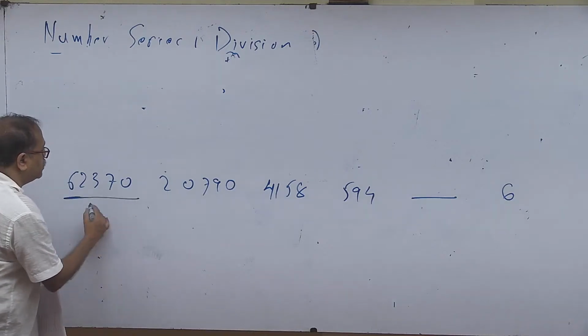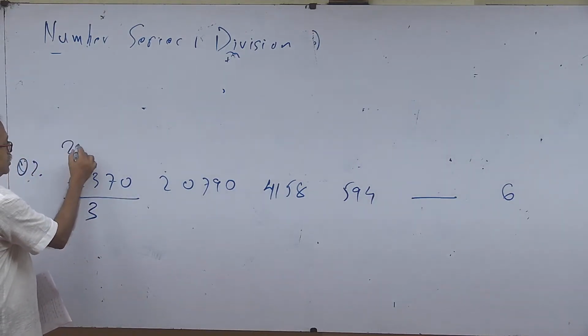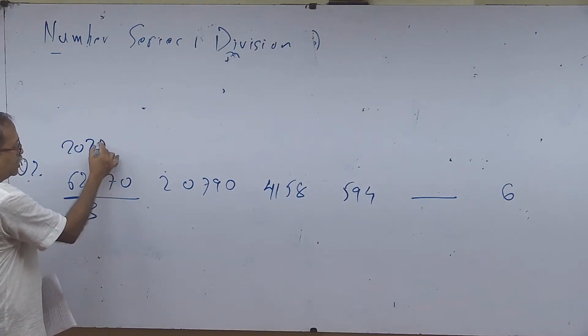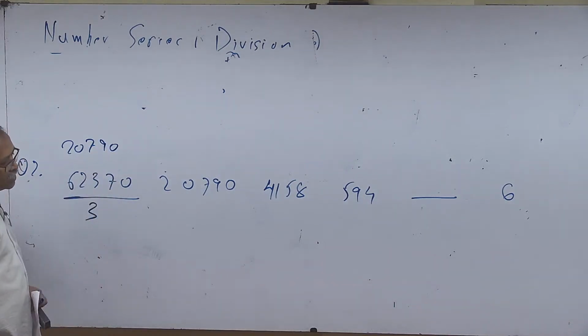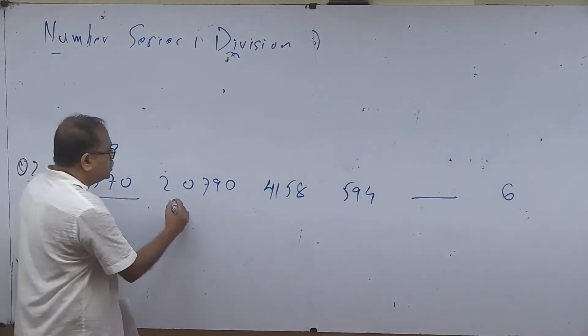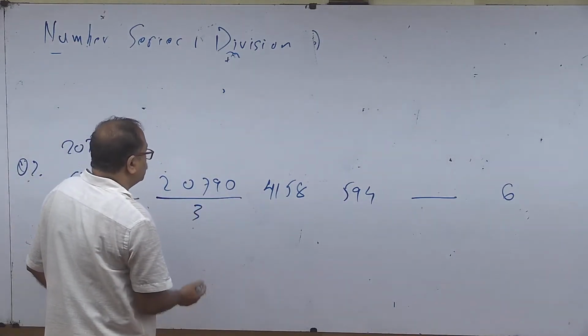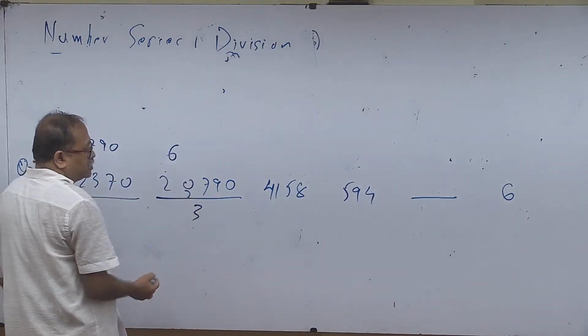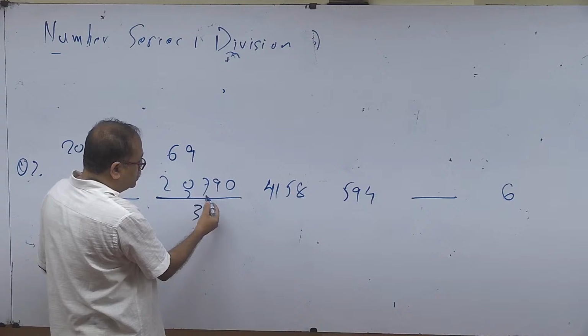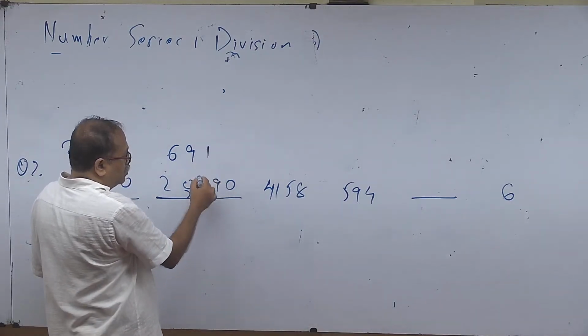When I divide this by 3, I get 20, and 3 times 7 is 21, I am left with 2, 9 and 0. I can see exactly the same number. To check the next one, divide it by 3 as well: 3 times 6 is 18, this is 2, and 3 times 9 is 27, and 27 is over, and then comes 1.